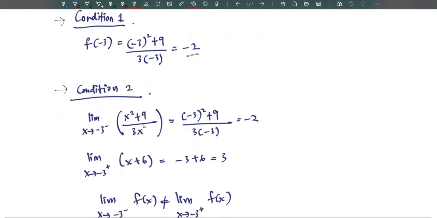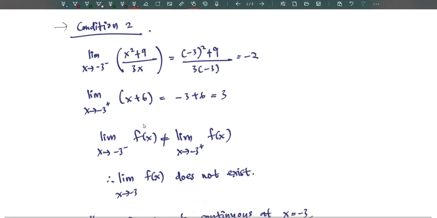Pay attention to how I write the limit. Write the function first: limit of the function (x squared plus 9) over 3x as x approaches negative 3 from the left. Then only substitute the value and calculate. Never write your limit like this: limit x equal to negative 3 from the left equal to, and substitute the value right away.